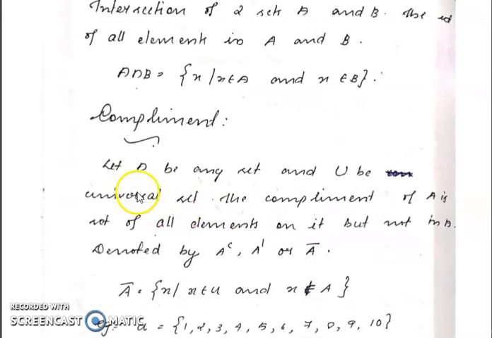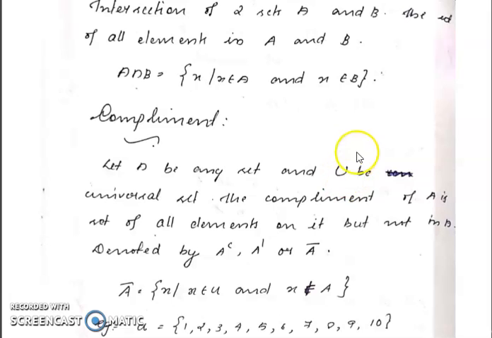Then complement: let A be any set and let U be the universal set. The complement of A is the set of all elements in U but not in A. What do we mean by complement?